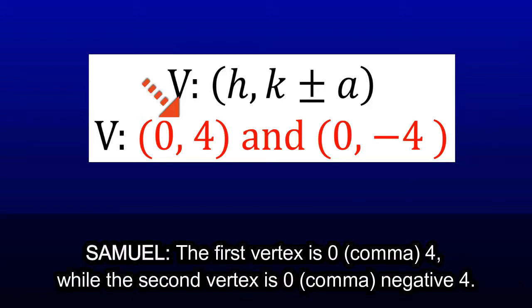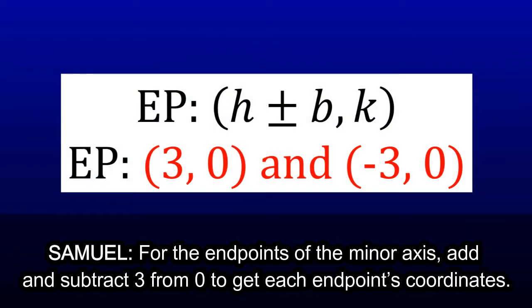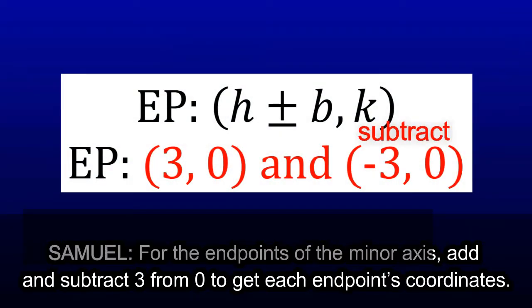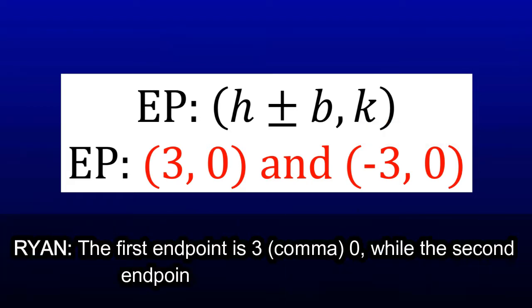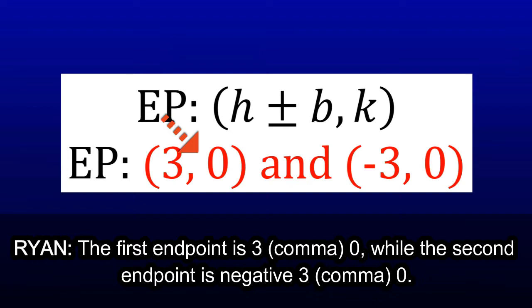The first vertex is 0, 4, while the second vertex is 0, negative 4. For the endpoints of the minor axis, add and subtract 3 from 0 to get each endpoint's coordinates. The first endpoint is 3, 0, while the second endpoint is negative 3, 0.